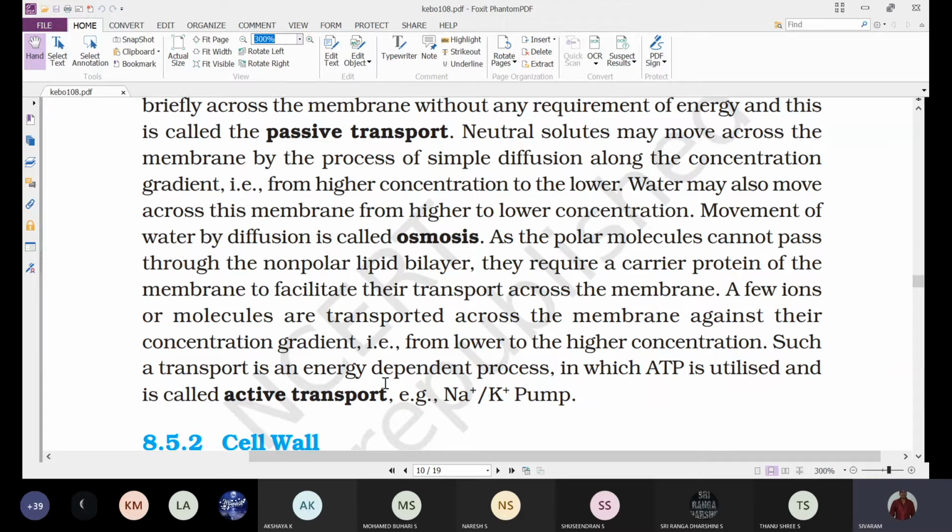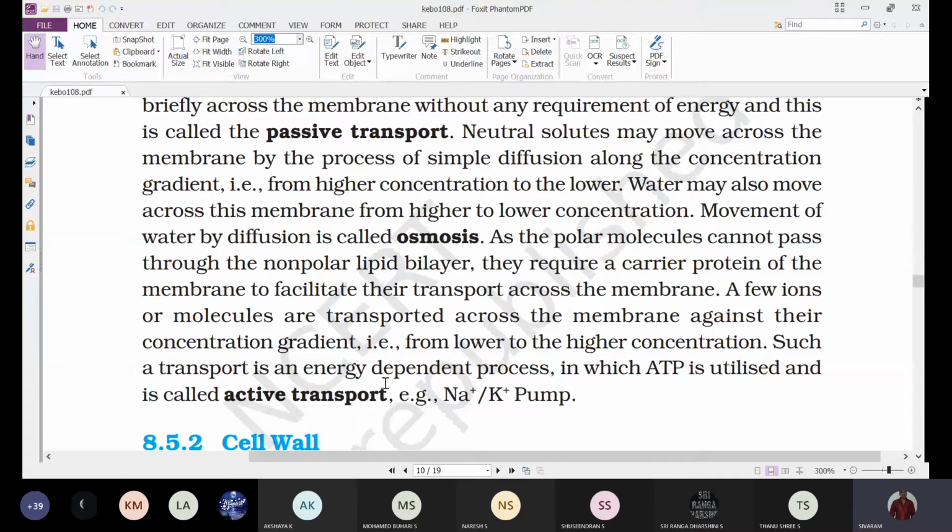This also occurs along the concentration gradient, that is, from higher concentration to lower concentration, but the molecules cannot pass on their own. They take the help of certain carrier proteins, and they get transported. In this process also, there is no utilization of energy, and we call it facilitated diffusion.